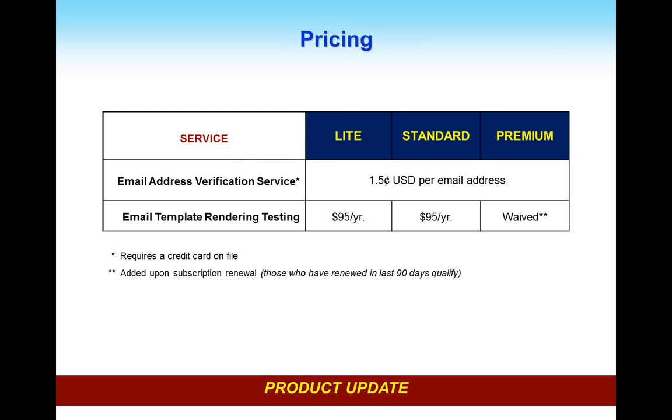We find it a very competitive price point for this type of ability to make sure that your addresses are deliverable, that you're not potentially sending to spam traps and so forth. This is automatically charged after we return the verified files, and of course that does require a credit card to be on file for that service.